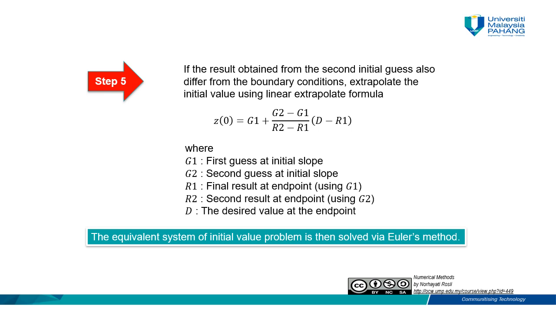Last but not least, step number 5, if the result obtained from the second initial guess also differs from the boundary condition, then we need to extrapolate the initial value by using the linear extrapolation formula.